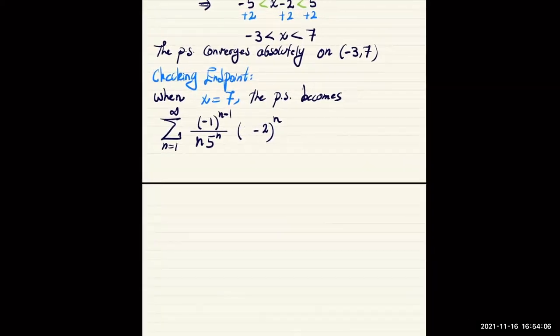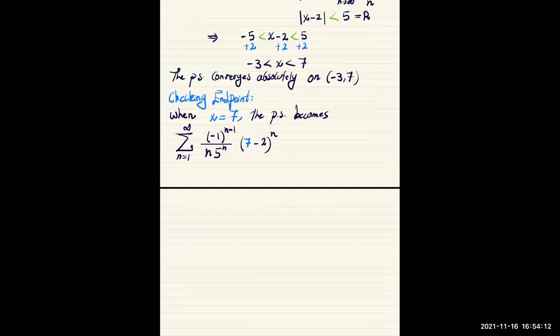Something interesting will happen. That gives us the sum, and in the parentheses, we get 7 minus 2, which is 5, to the n. You no longer are going to get that geometric-like behavior.